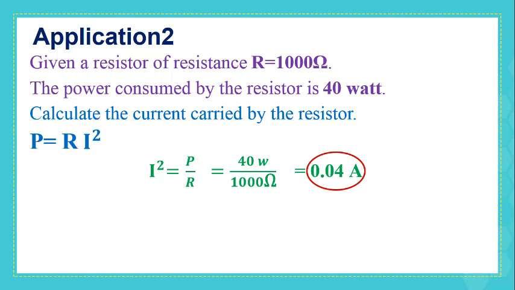The value obtained is I squared and not I. To get the value of I, we have to find the radical of 0.04, which is equal to 0.2. So 0.2 ampere is the current carried by the resistor.